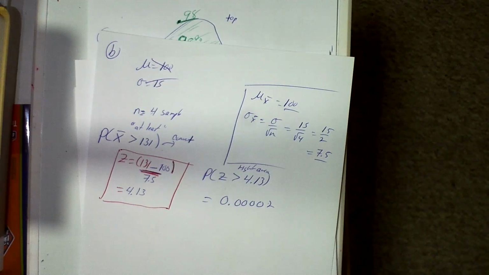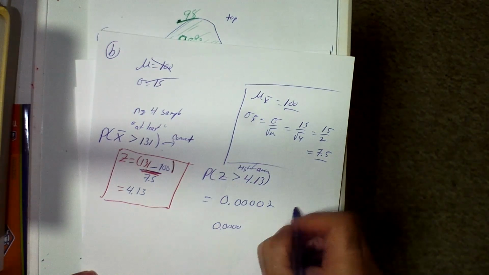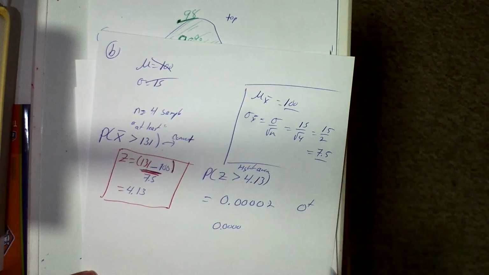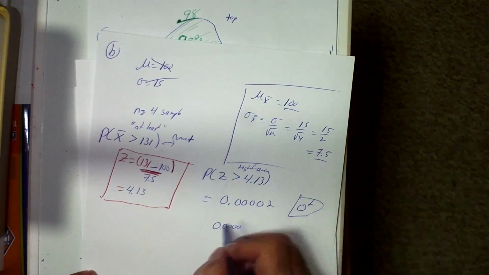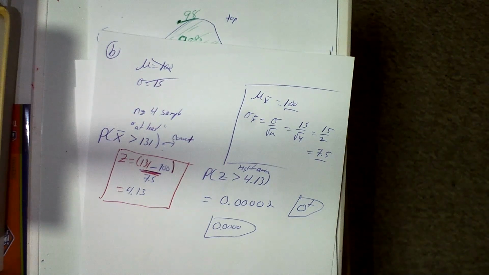But I don't want to put 0 because that means there is no chance of anyone getting an IQ above 131. Technically, it's supposed to be 0.000, but in actuality, it's really 0 plus. Not that many people would qualify to be in Mensa. It's a small, bitty part of the population that can be in that group.